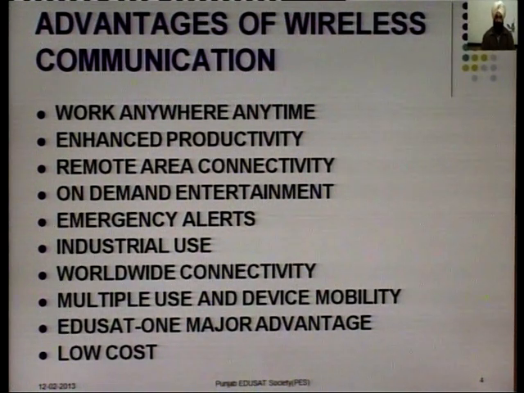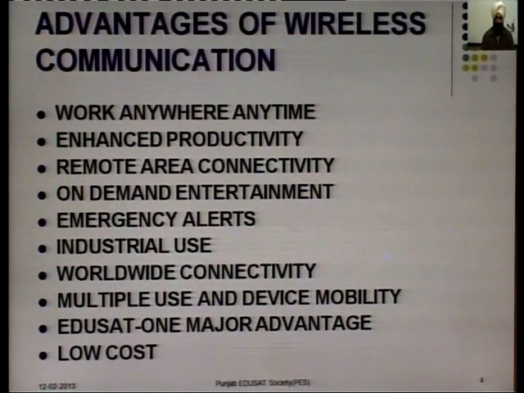For industrial use, wireless communication is very useful because when there are no wires in any network, any industry can use this wireless communication to enhance its workforce or its work capacity. Worldwide connectivity: with the help of wireless communication, there is no need of any wire.